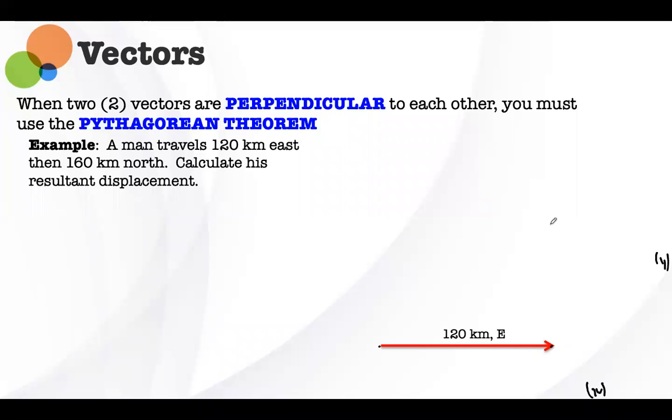If we realize that 160 is much bigger than 120, we would have to represent that as vectors. The red one, of course, is shorter than the 160. Then the final displacement is the difference or the distance between where he starts to where he finishes.